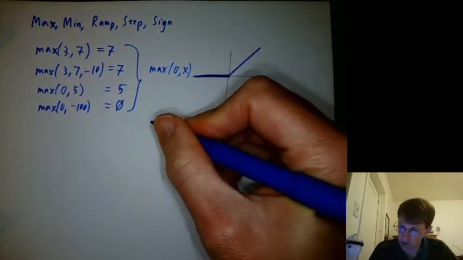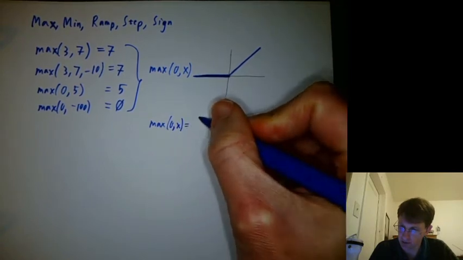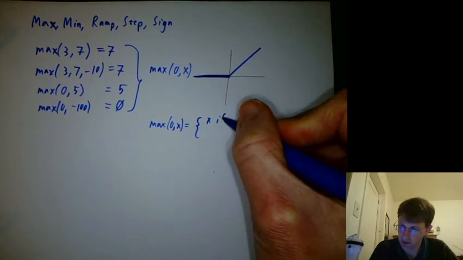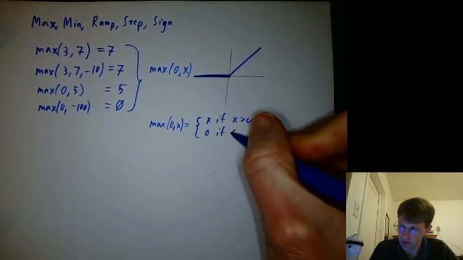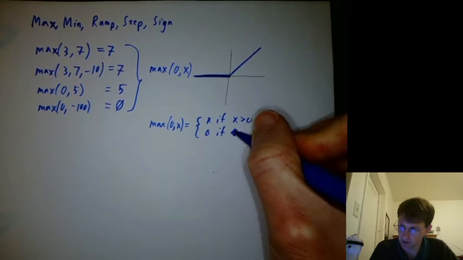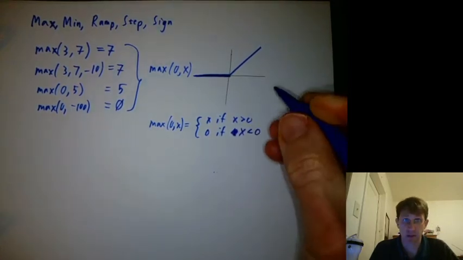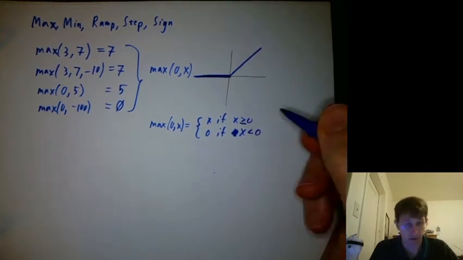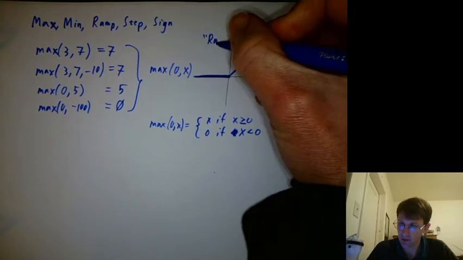You could say max of 0, x is equal to x if x is greater than 0, 0 if x is less than 0, and if it's equal to 0, well, either one, because x is equal to 0. So this is called a ramp function.